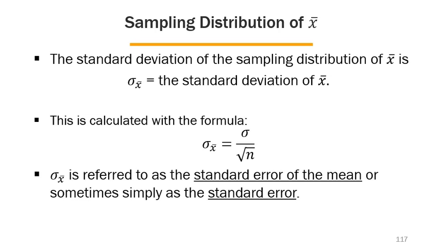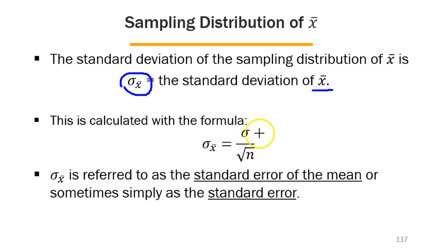However, not all values for x bar would be the same. Again, it depends on the sample that we get. Some notation that we could use: sigma with the little x bar underneath, and that is the standard deviation of x bar, because we could get different values for x bar if we were to collect different samples. Now, what is the formula for this standard deviation for the sampling distribution?